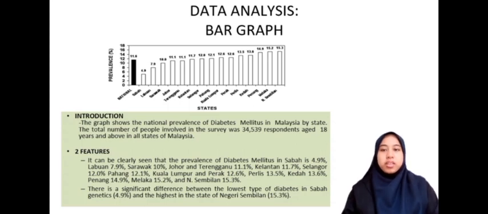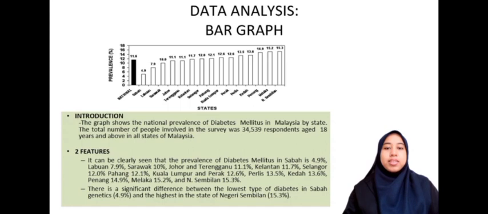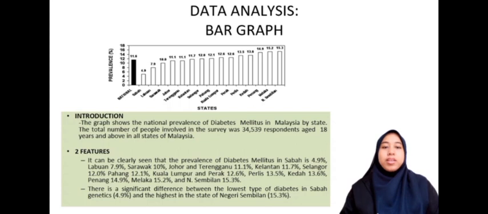Two features in this graph: it can be clearly seen that the prevalence of diabetes mellitus in Sabah is 4.9%, Labuan 7.9%, Sarawak 10%, Johor and Terengganu 11.1%, Kelantan 11.7%, Selangor 12%, Pahang 12.1%, Kuala Lumpur and Perak 12.6%, Perlis 13.5%, Kedah 13.6%, Penang 14.6%, Melaka 15.2%, and the last one is Negeri Sembilan 15.3%.